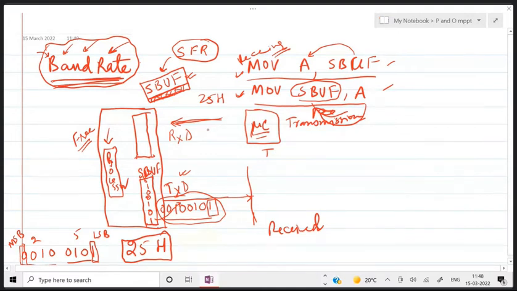It will be coming to the receiving pin of the 8051, which is acting as a receiver, and then it gets stored in the SBUF register here. 0 1 0.